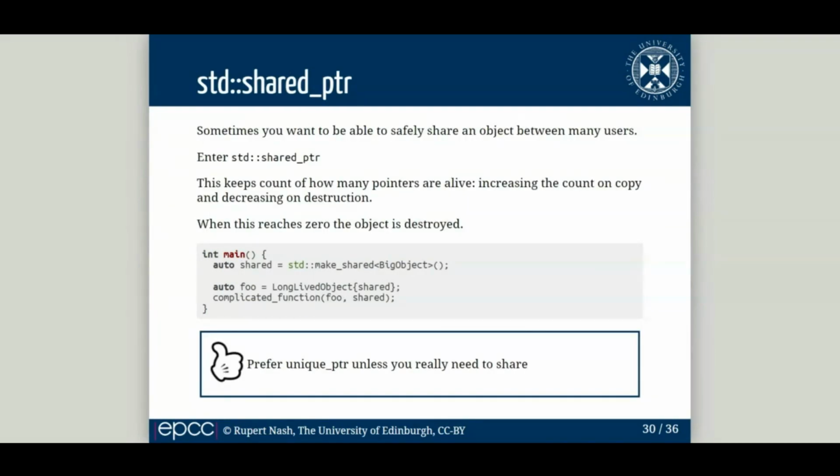Also here we have the concept of the shared pointer. This is for when you want to have an object and have several pointers to that object. You can use this shared pointer.